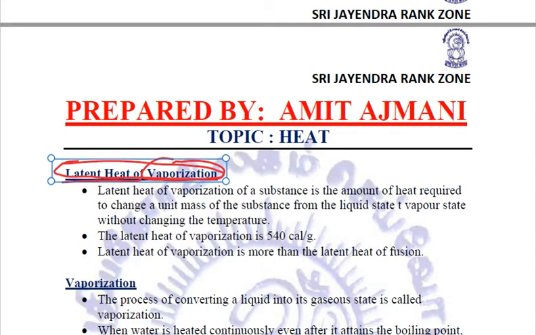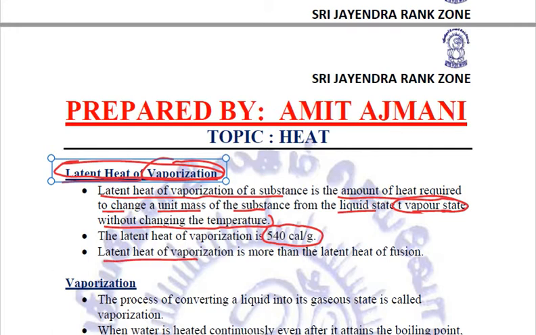Let us see how we are going to define it. Latent heat of vaporization of a substance is the amount of heat required to change a unit mass of the substance from the liquid state to the vapor state without changing the temperature. And the latent heat of vaporization is 540 calories per gram. As we can see, the latent heat of vaporization is more than the latent heat of fusion. Got it?